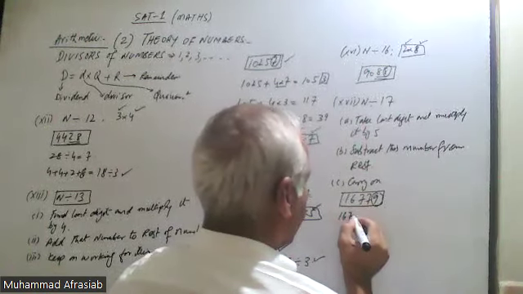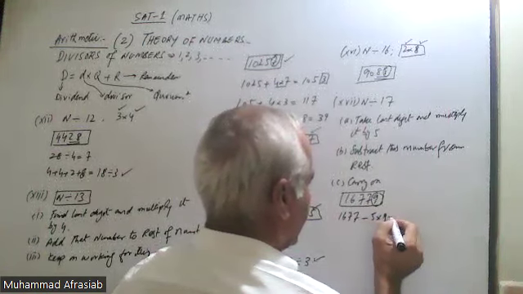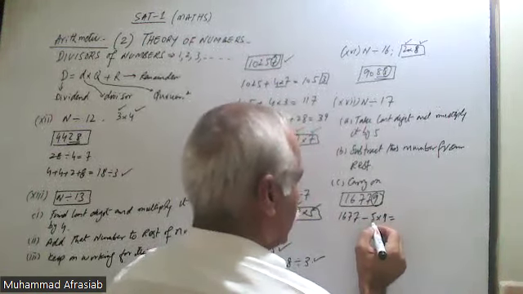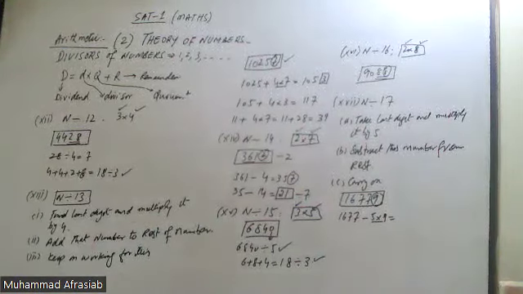So 1677 minus 5 into 9, and that number is equal to 1632.